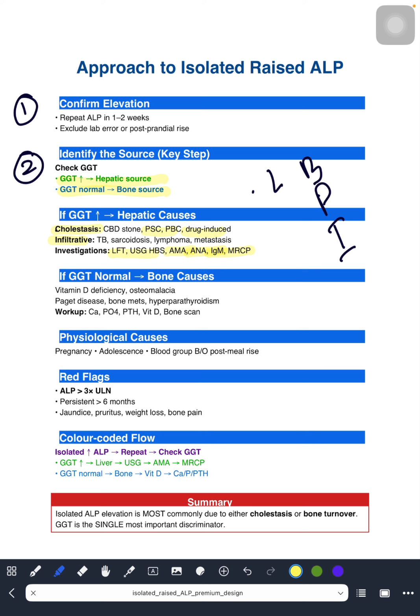So, if GGT is raised, that means it's a hepatic cause. In case of a hepatic cause, we should exclude any cholestasis or infiltrative disease. Cholestasis is of two types, extrahepatic and intrahepatic. We will have to exclude both by other liver function tests, ultrasonography and autoimmune profile.